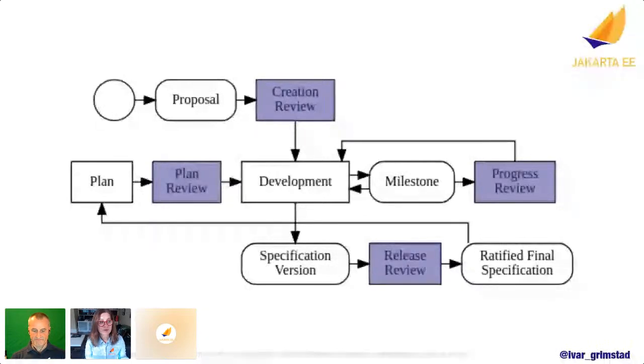If you're starting from scratch, you have a proposal. If you are developing a new version, you have a plan, and then you enter a development stage, and you are reaching certain milestones. At some point, you are ready to produce a specification version, and if needed, you go through additional iterations, or you produce your final specification. We call it the ratified final specification.